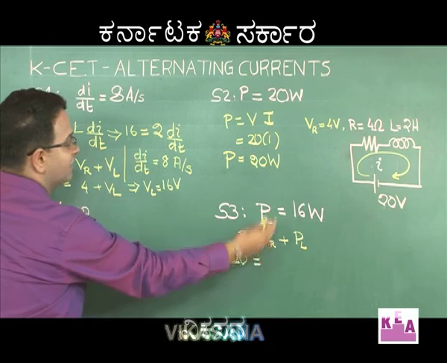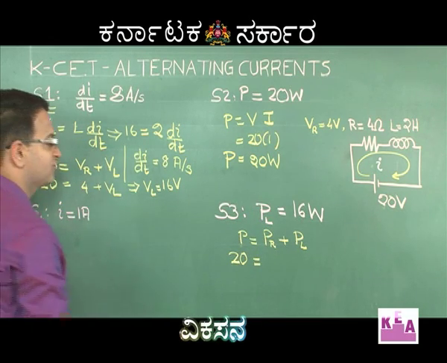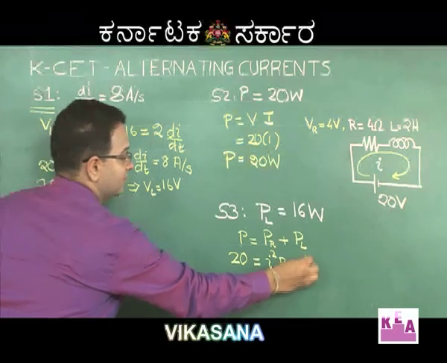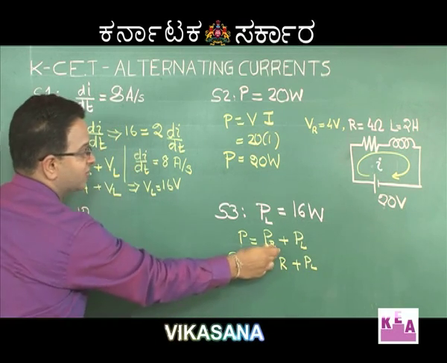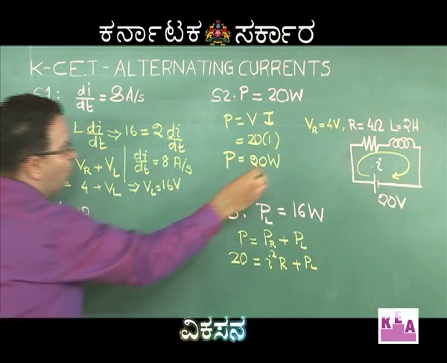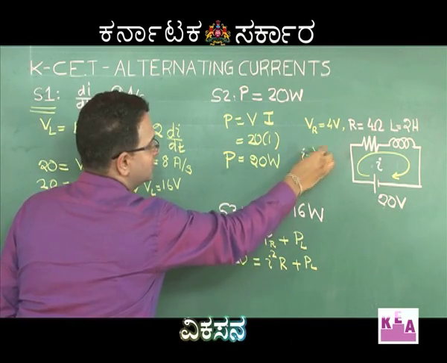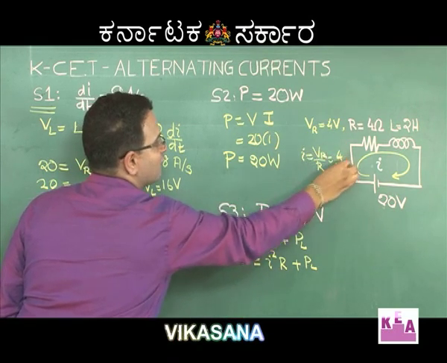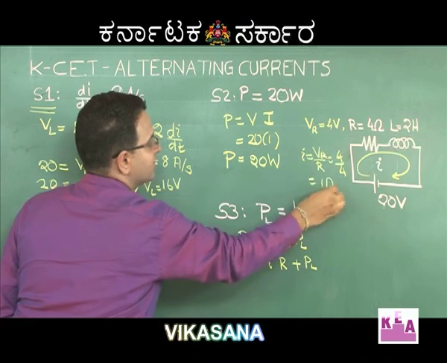So, we substitute 20 here. Then, the power that is going to be dissipated in the resistor is given by the formula I square into R. Therefore, we see that I square, I is nothing but V by R, which is 4 by 4, which is 1. So, I is equal to VR by R, which is 4 divided by 4. So, it is equal to 1 ampere.